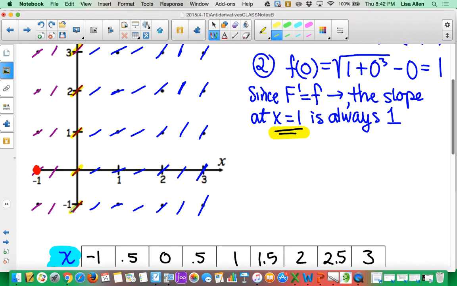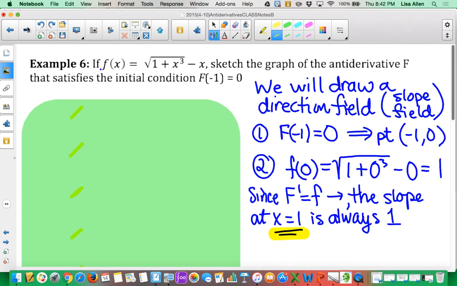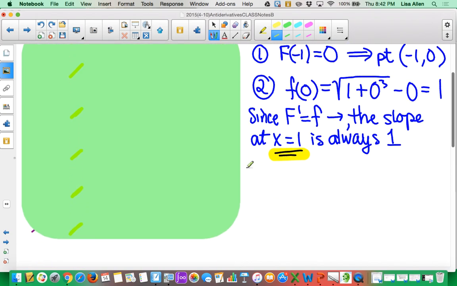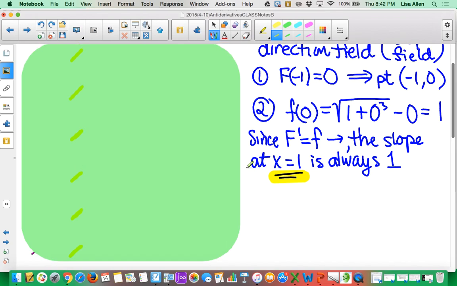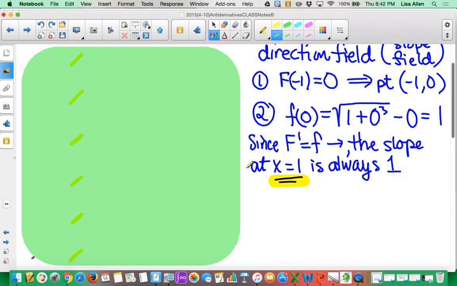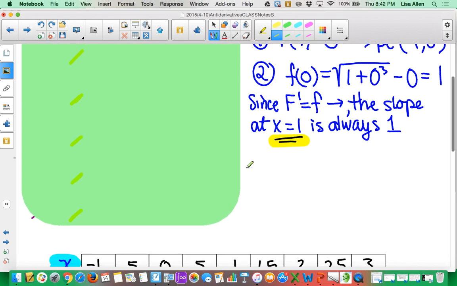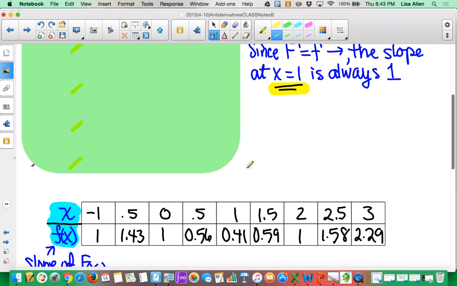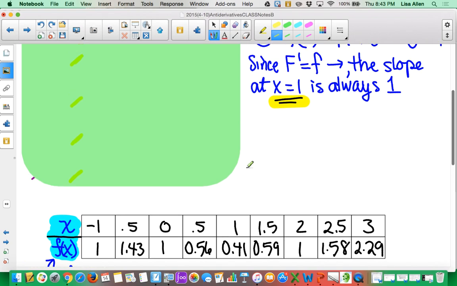Now, what I'd like you to do is pause the video and go back and see if you can draw all of your little tangent lines at each x value. As you go vertically at each value of x, the slope should be the same. I have a table below here, so I've already figured out the slope values.